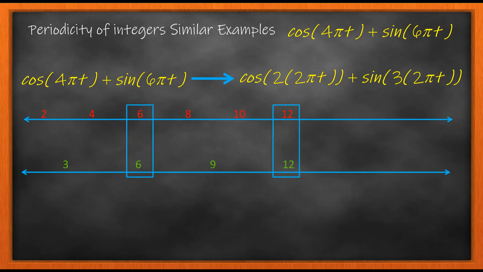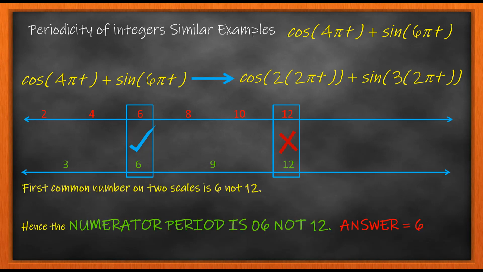Sometimes you encounter two common terms, because you don't stop writing at 6, you keep going till 12, and you write the same for the multiple scale for 3. Then you get confused about which one to choose as the combined fundamental period for your mixed signal. In this case, the answer is always the smallest common term, which is 6 in our question. The answer cannot be 12, and if you choose 12, you will end up with the wrong answer.